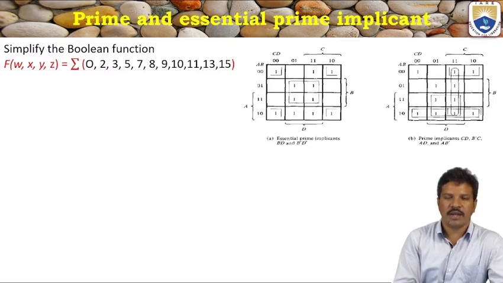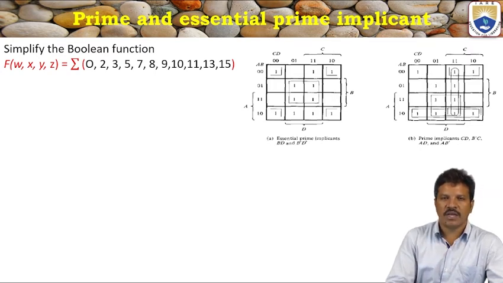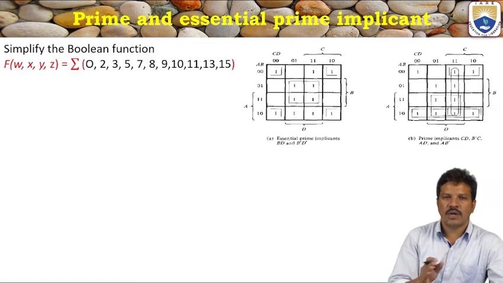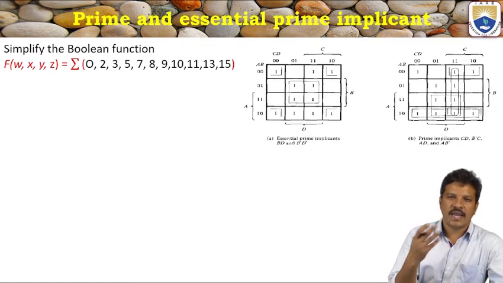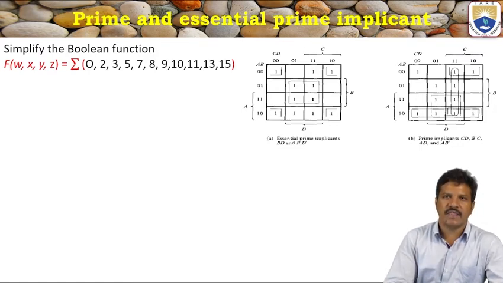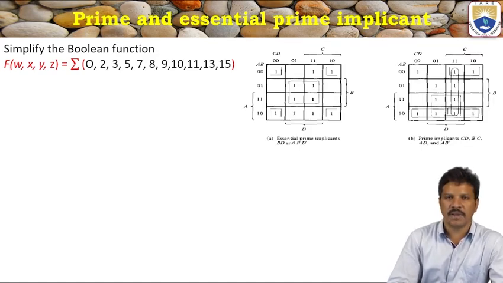An essential prime implicant is one implicant, or one group of adjacent minterms, which in order to cover those ones will not be covered by any other prime implicants. If one prime implicant is not covered by another prime implicant, then it is called an essential prime implicant.